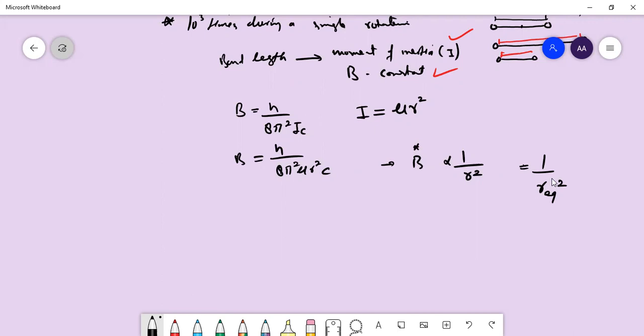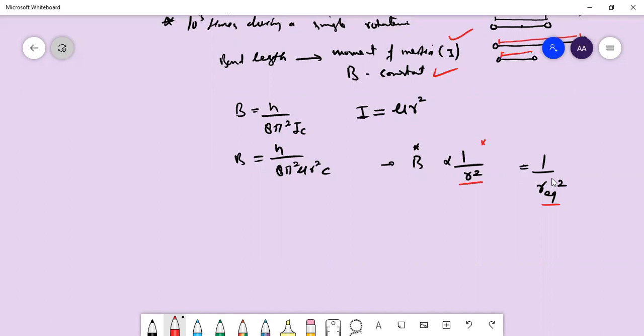So R equilibrium and R, the distance at a particular time, differ, which means either your molecule is stretching or compressing. When your molecule is stretching, R will be greater than R equilibrium. It means the B value at that particular time will be less than the B value at the equilibrium distance.